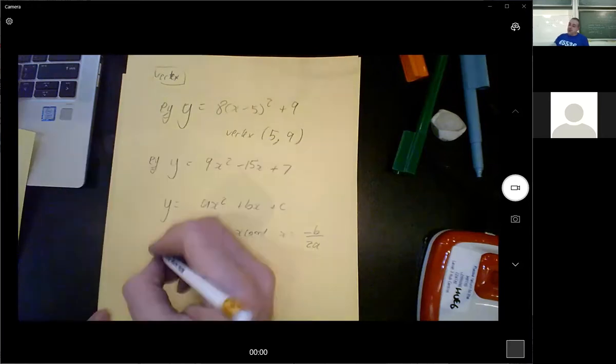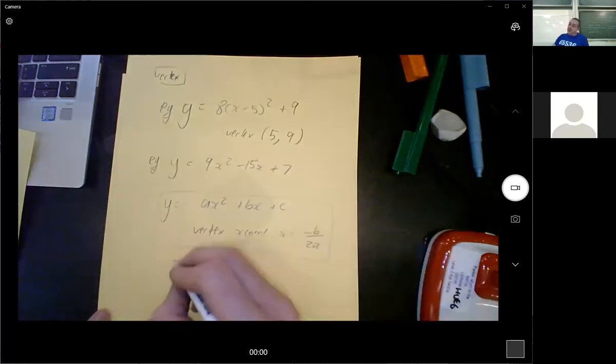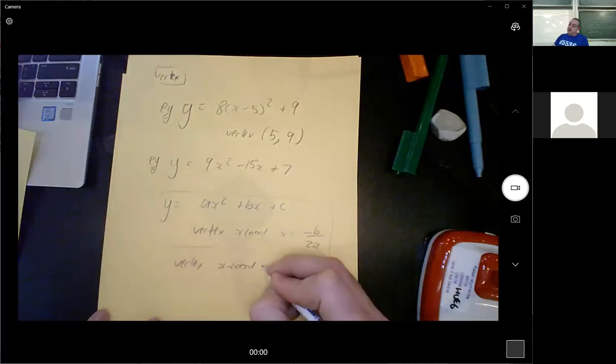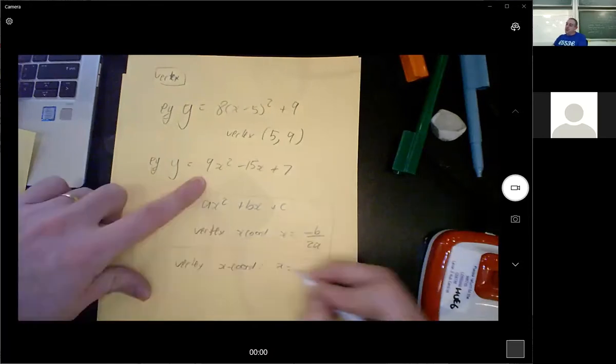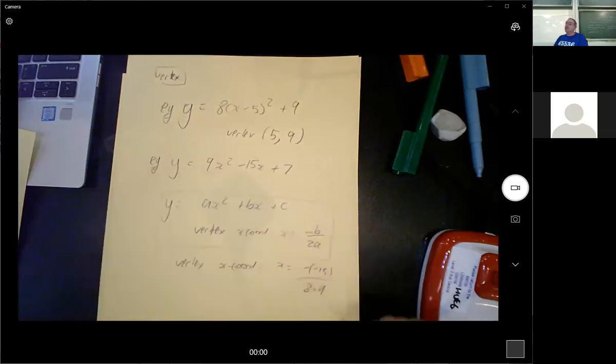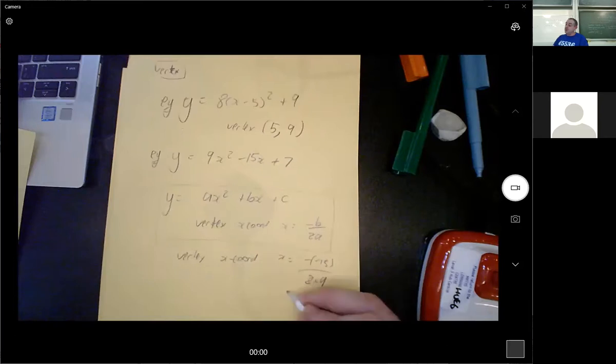And so for this one, the vertex x-coordinate will be at x equals minus 15 over 2 times 9, whatever that is.